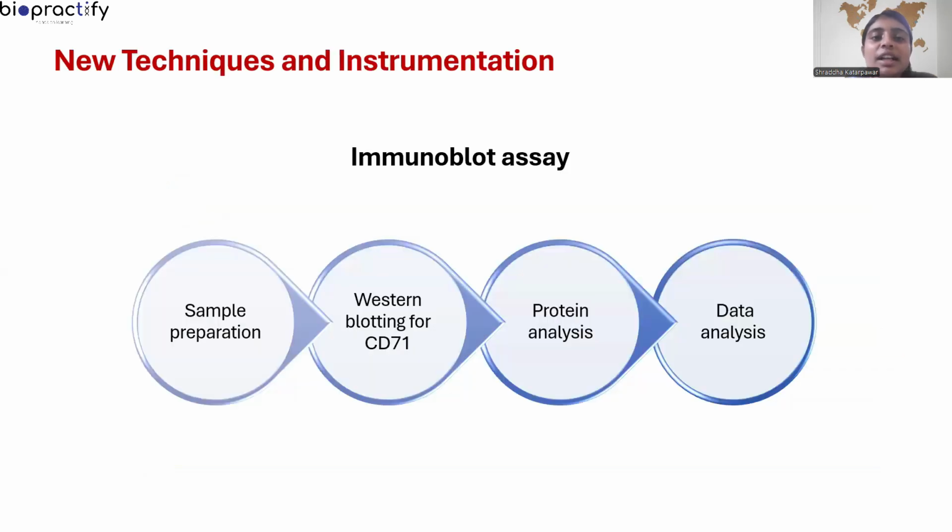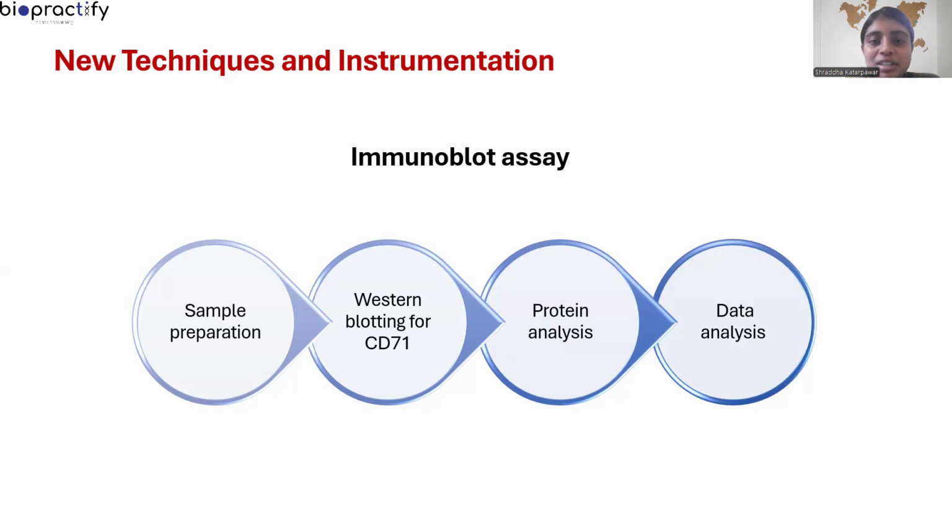Coming to the new techniques and instrumentation, in this particular research paper I found the immunoblot assay, which is something I have not previously heard of. In the immunoblot assay, we prepare the sample, and after preparation we keep the sample on the film and incubate it with CD71.